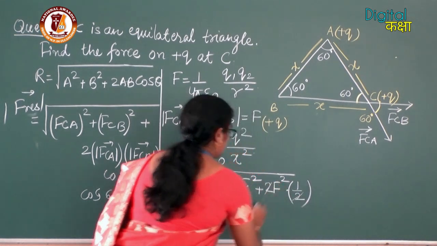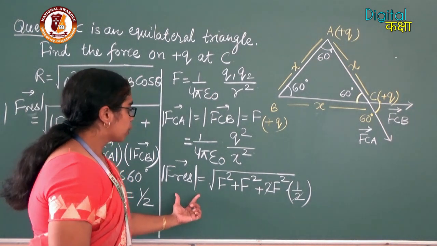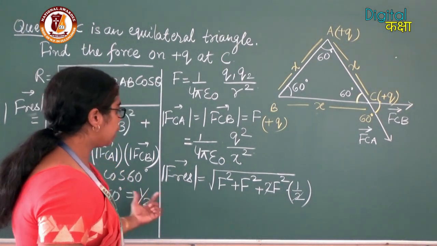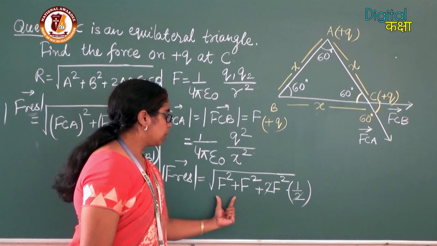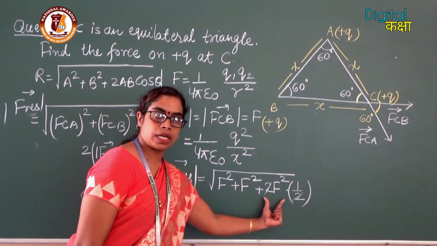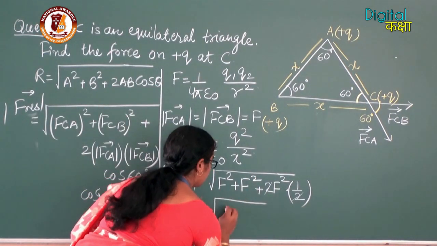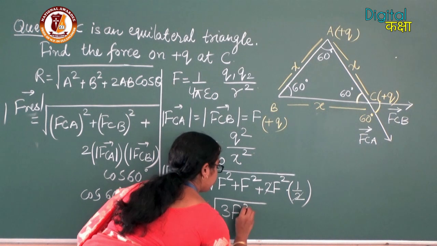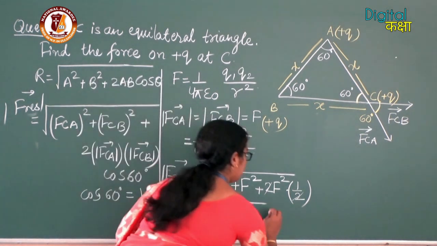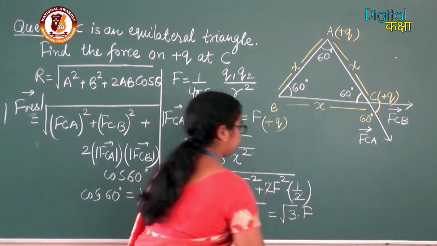Now here this 2 and 2 will be cancelled out. So we are left with under root F square plus F square plus F square, which is equal to under root 3F square. Can also be written as root 3 F.